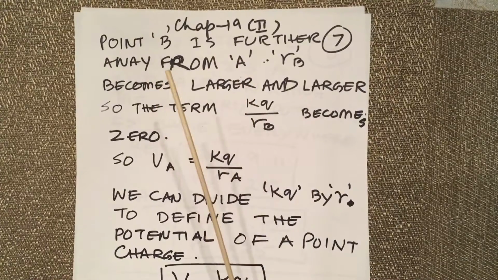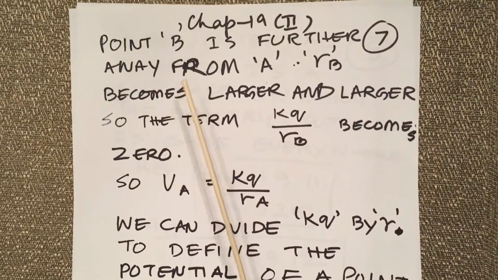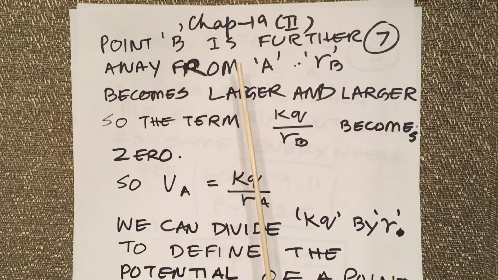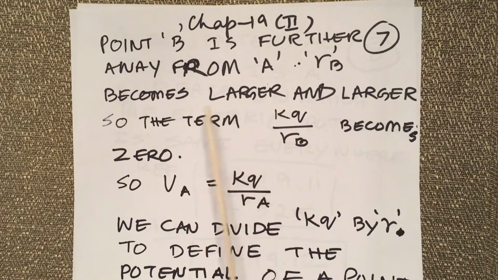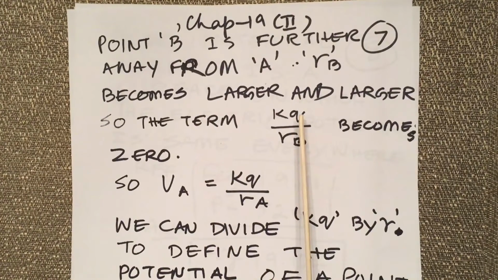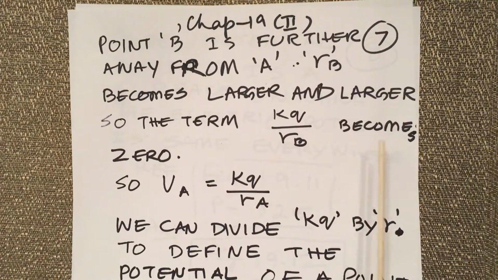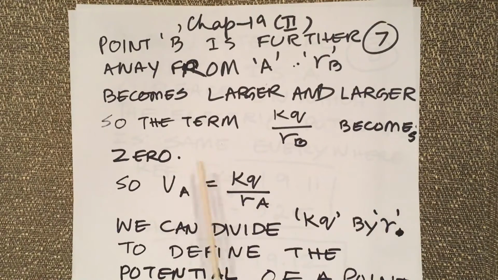Now look at the figure we had, 19.5. Let's say the point B is moving further away from point A, slowly the distance becomes larger. Let's say it was at 10 meters, now move to 15, 20, 50 and 100 meters, sort of that.